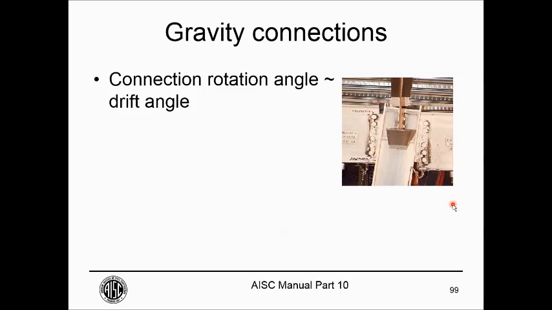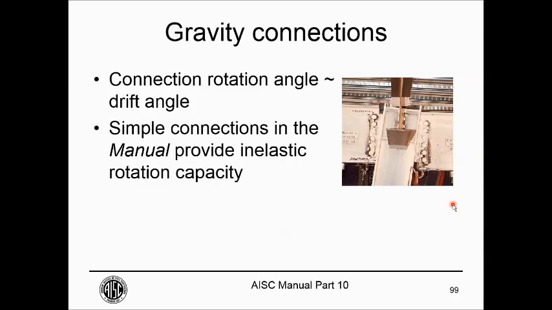So we can consider the story drift angle to be roughly the same as the rotation angle that we need to impose on that connection. So we would simply follow the connection rules in the manual for, in this case, a single plate connection.